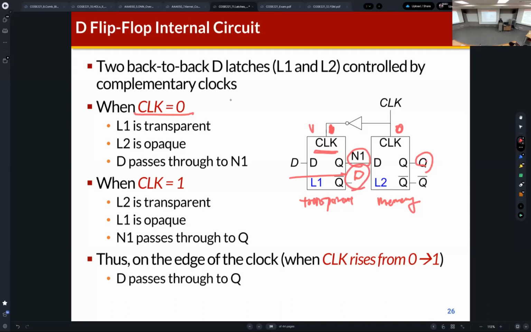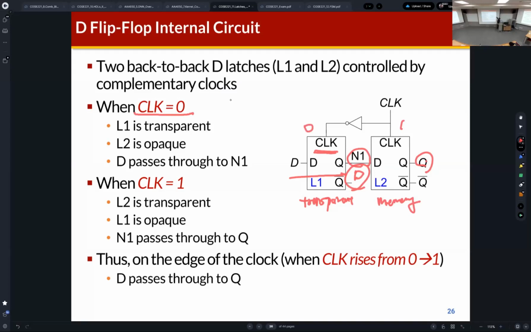When the clock becomes 1, it becomes 1 and it becomes 0.